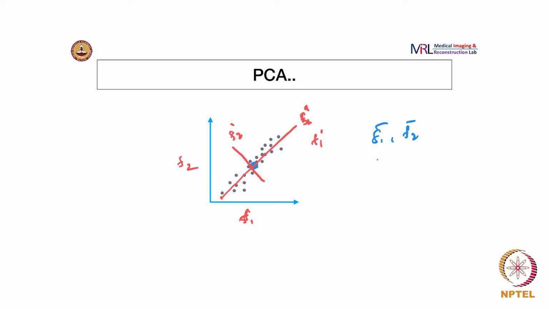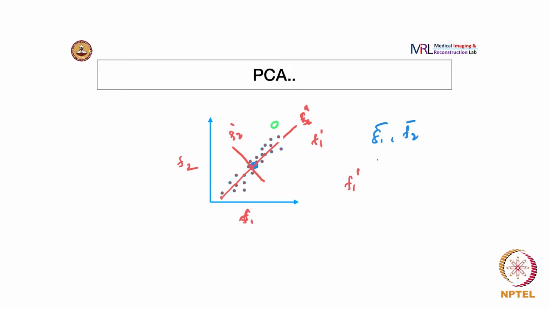If we do this transformation, we can describe our data with just F1 prime. Because the variability across F2 prime is so low, we just need F1 prime to tell where the data is. For instance, let's say there's a data point here.